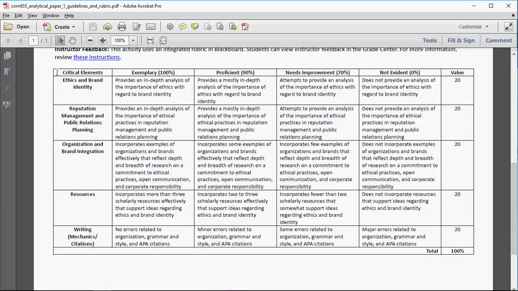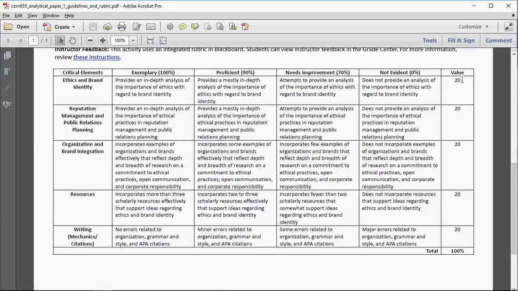So here you have critical elements in this column, and these columns are the categories of grades. Exemplary is 100%, proficient is 90%, needs improvement is 70%, not evident is 0%.